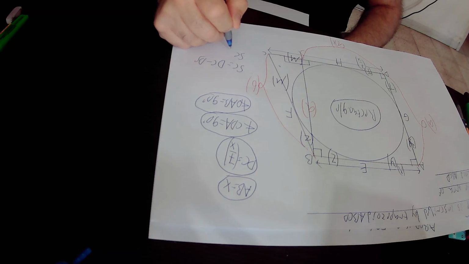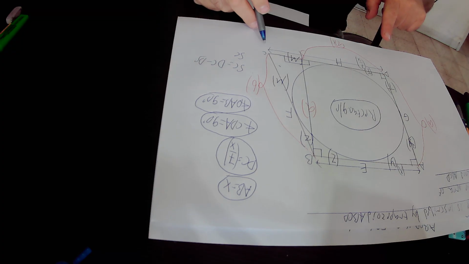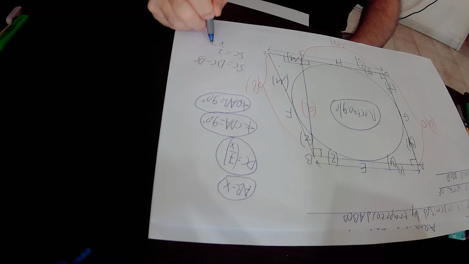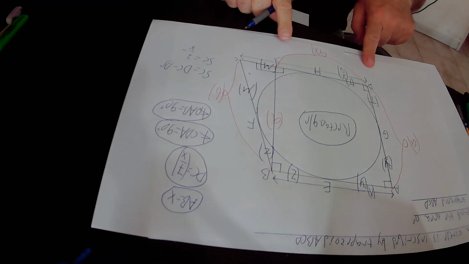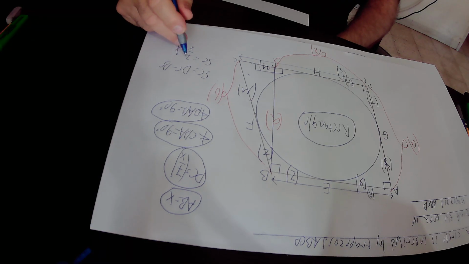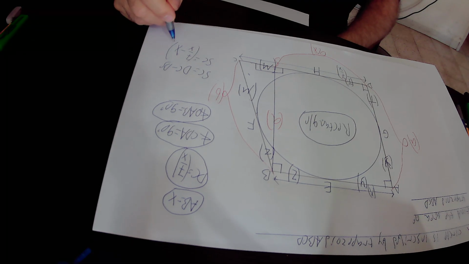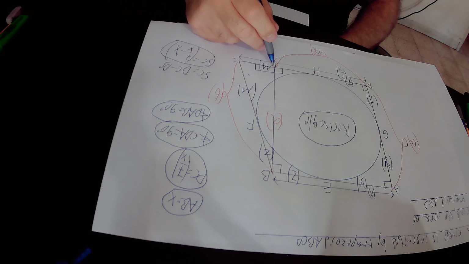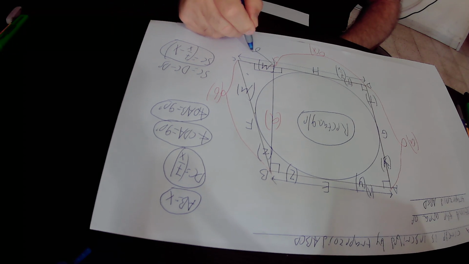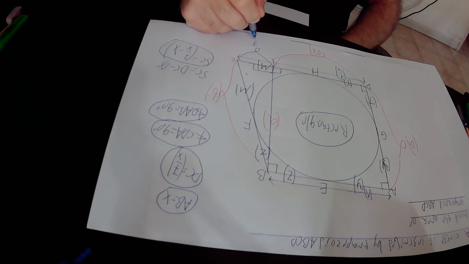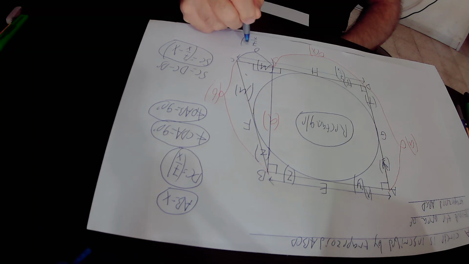So SC equals DC, which is 7 over x, minus DS, and we write further that DS equals x. So in total, SC equals 7 over x minus x. This is side SC, which is equal to 7 over x minus x.